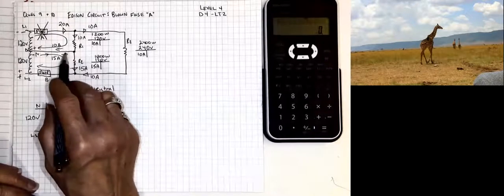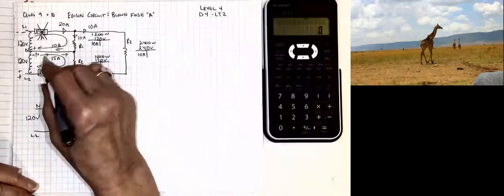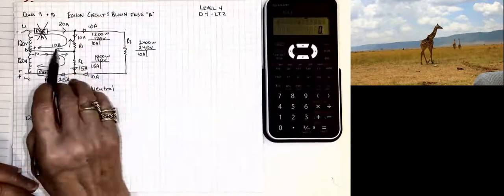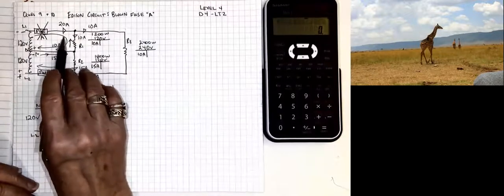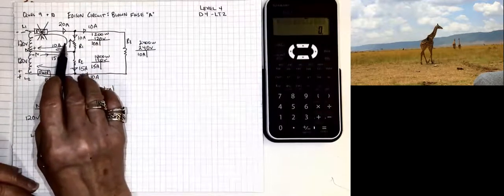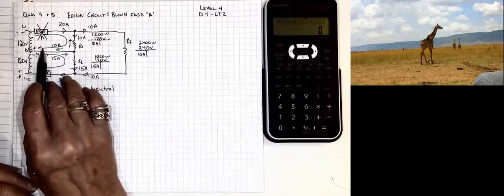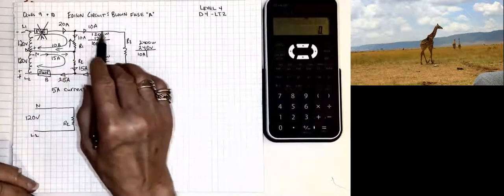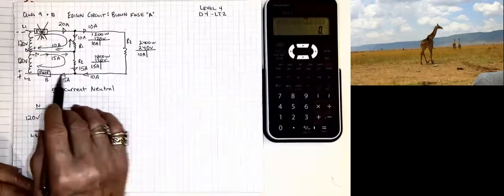Well, the interesting part is the current comes out of neutral, and it also heads up here. So now it's actually flowing against the current that was supposed to be going in that clockwise loop. And when it gets over here, it goes over here, down and back.